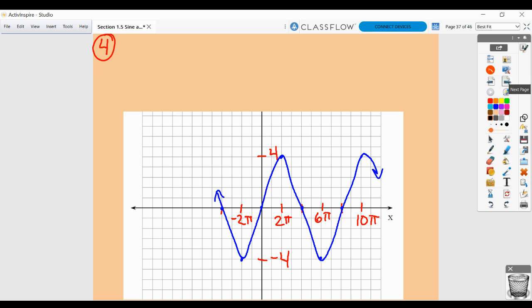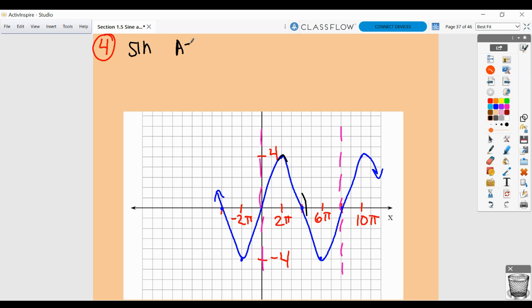Okay, this one for number 4. If you start at the y-axis, you can start other places, but you would be adding in a shift. And I think starting at the y-axis is just easier, because then you can tell very easily what the function is. So that looks like it's sine.